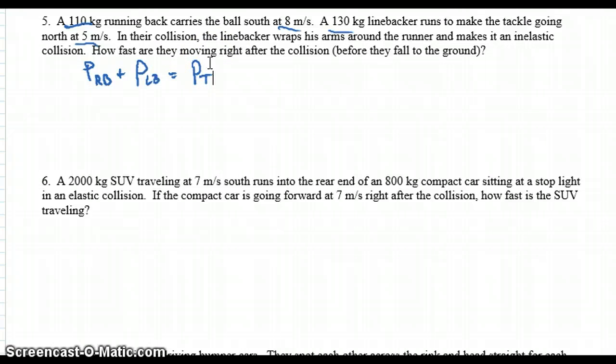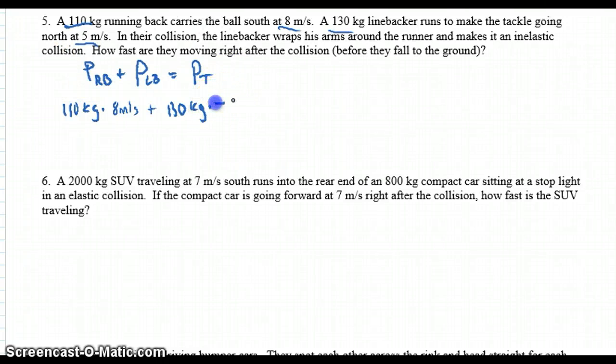So we'll do the running back's momentum first. We've got 110 kilograms times 8 meters per second, plus the linebacker is 130 kilograms times, now here's the key right here, north, the opposite direction.